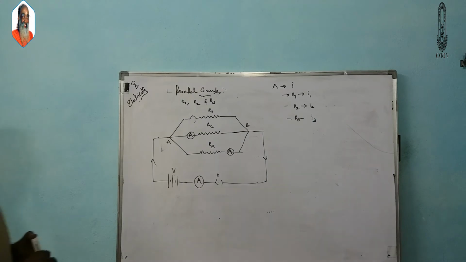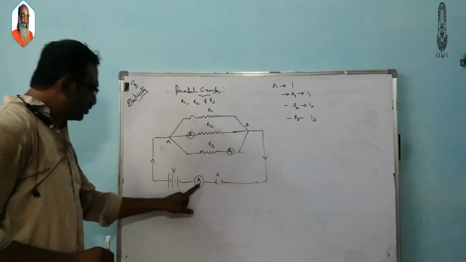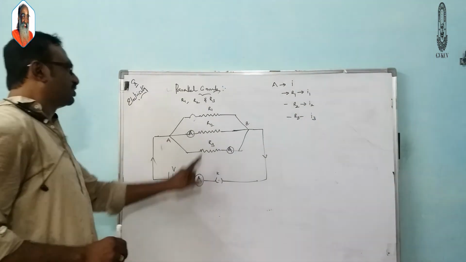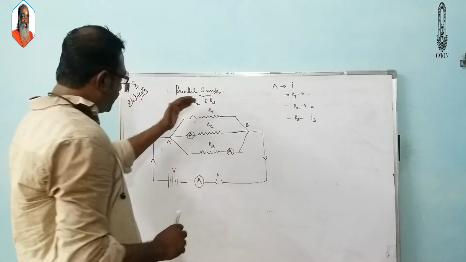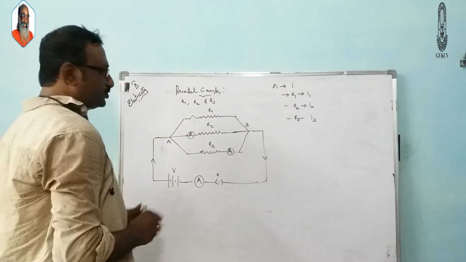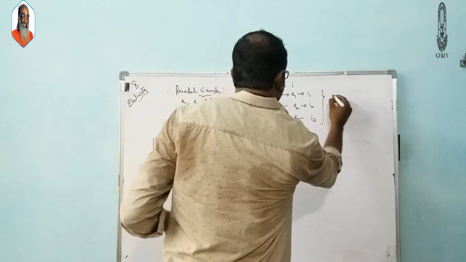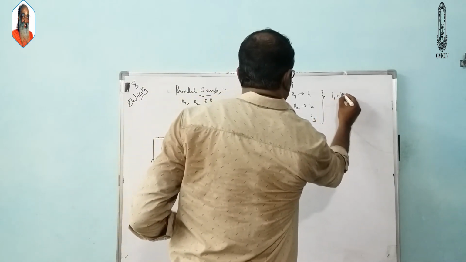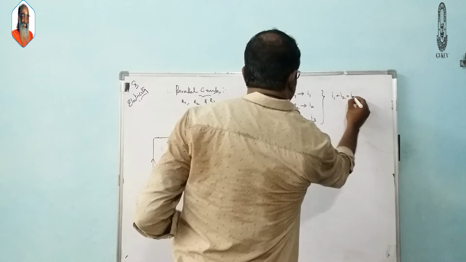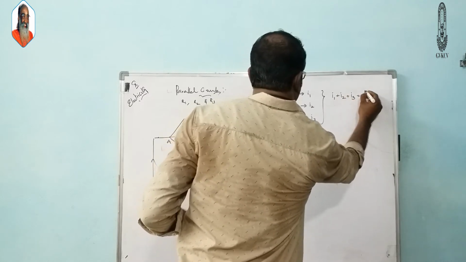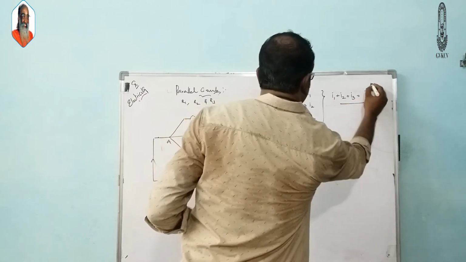So here, the total current in the circuit I is not the same at R1 and R2 and R3. So here we got different values, and if we take these three values and add these I1, I2 and I3, we are going to get the total current in the circuit.